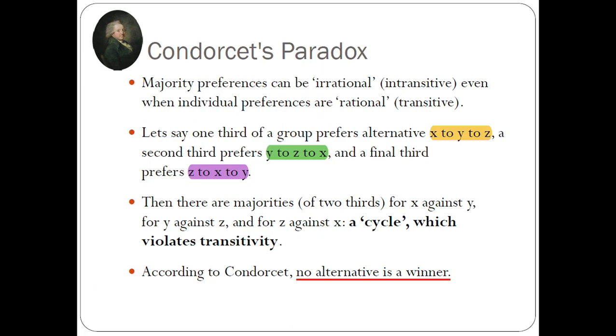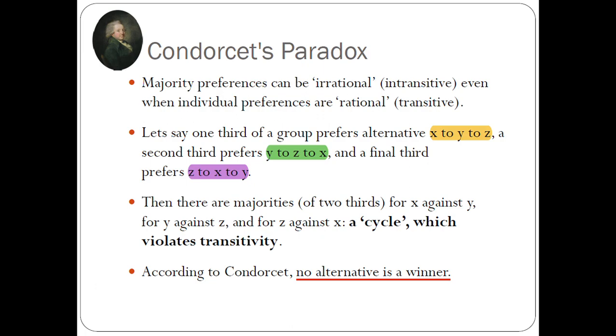Walaupun sama je sebenarnya dia punya tujuan. Tapi dia berbeza dia punya preferences tu. Then there are majorities of 2/3 for X against Y, for Y against Z, and the Z against X. Okay, so a cycle which violates transitivity. Maksudnya dia ni berbeza kan. Jadi dia macam menyalahilah undang-undang transitivity. Okay, apa benda transitivity tu kita dah belajar chapter 4 or 5, saya lupa dah.